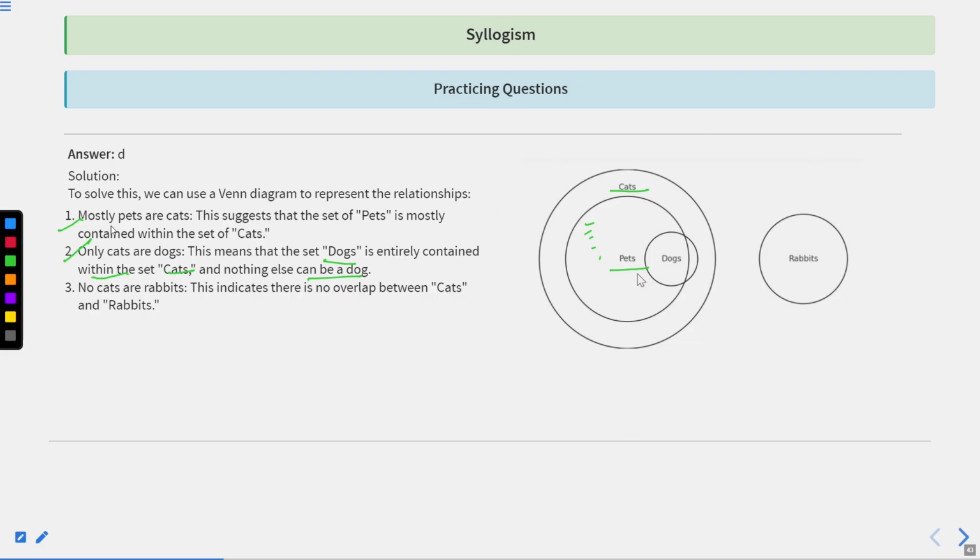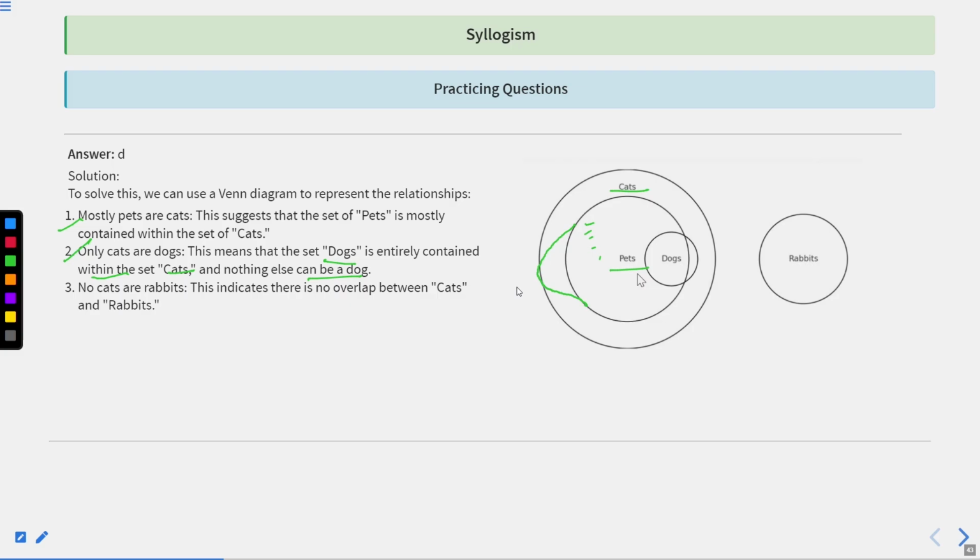The first is mostly pets are cats. So this is pets, which are saying are cats. If you take the diagram in a much stricter manner, there should have been some portion of the pets which should have been outside the purview of the cats, because it is saying mostly pets are cats. It is not saying that all the pets are cats.